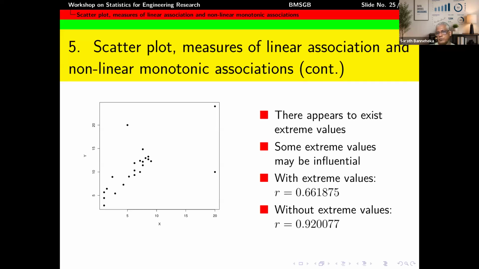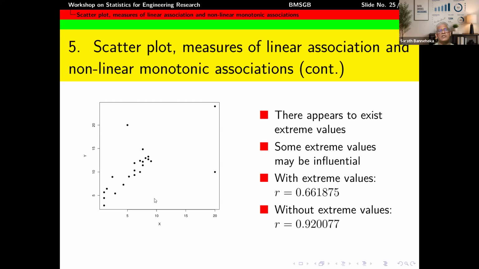So whenever possible, if you find it is an error, correct it. Or if you find it is an actual value, keep it. But in that case, be careful when you are interpreting the correlation coefficient.